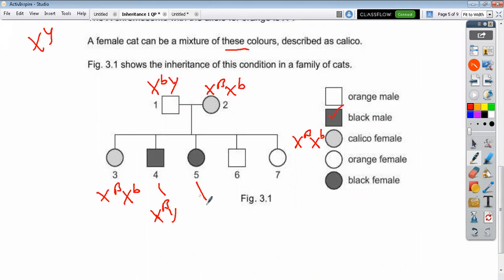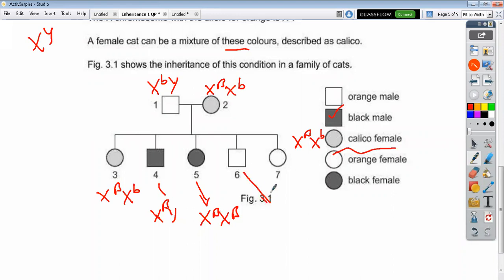Then this here is a black female. So what's the black female? It is not a mixture. It's X^B X^B. Are we together there? Otherwise, if it's a mixture, are we together?